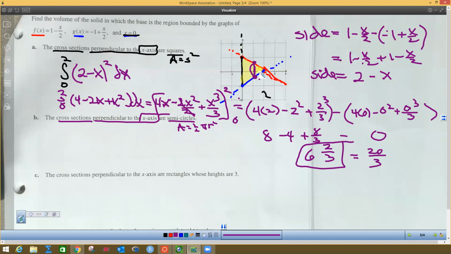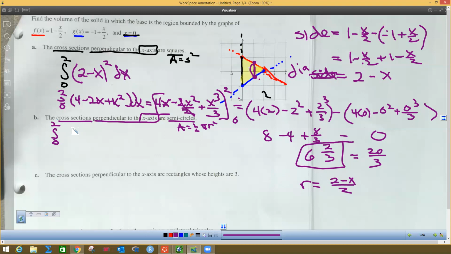So now this 2 minus x is no longer the side, that is the diameter of my semicircle. So the radius on number 2 is going to be 2 minus x divided by 2, because you have to cut a diameter in half to get a radius. So this formula is going to be the integral, and it's still 0 to 2, because it's still all the way across.